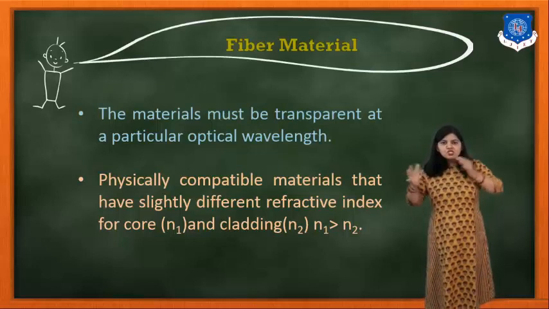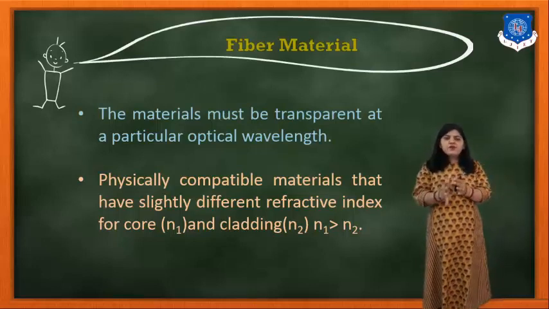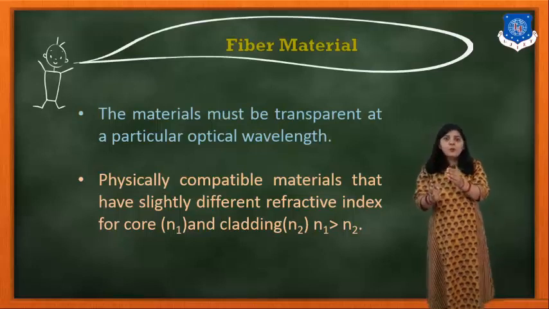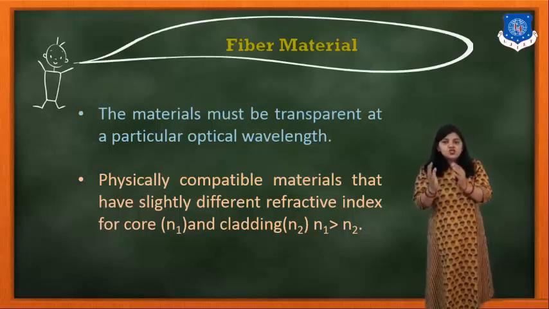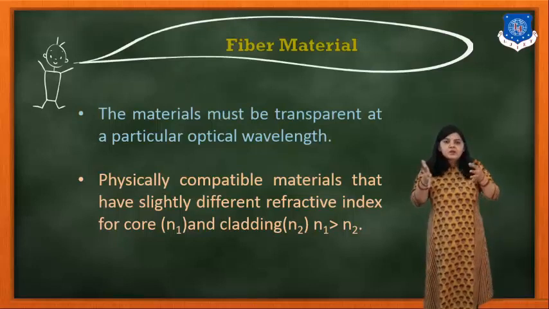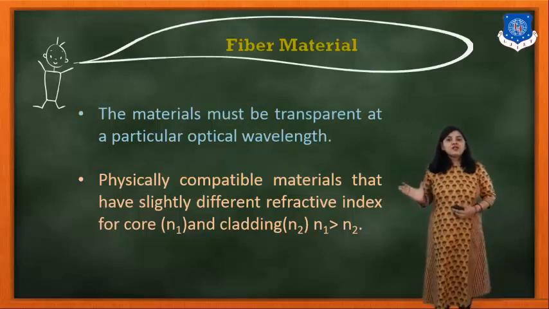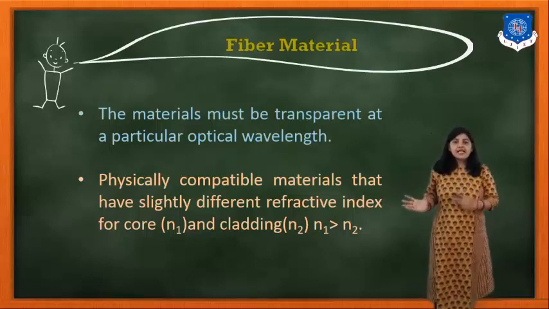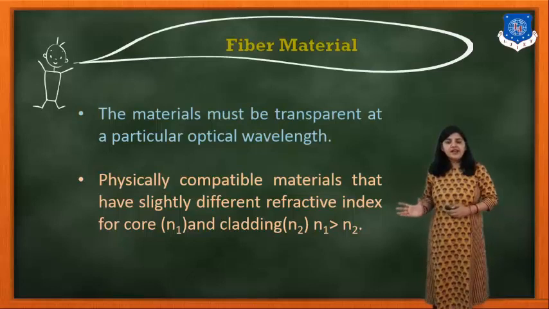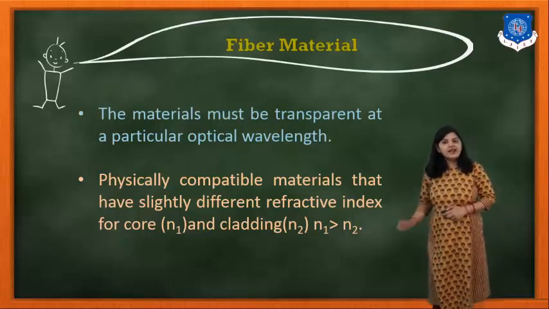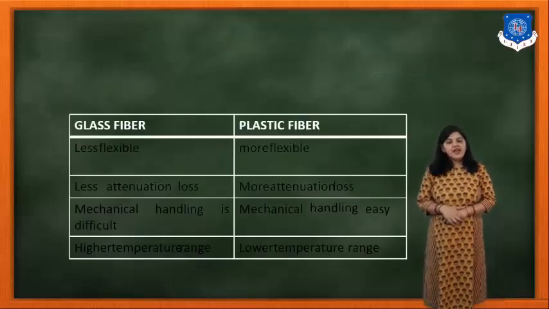So while you want to join them and make one structure, one material should be compatible with the other material, so that when you make the fiber, it can provide you the application accordingly. So physically compatible materials having slightly different refractive indices for the core as well as for the cladding, and n1 is greater than n2.